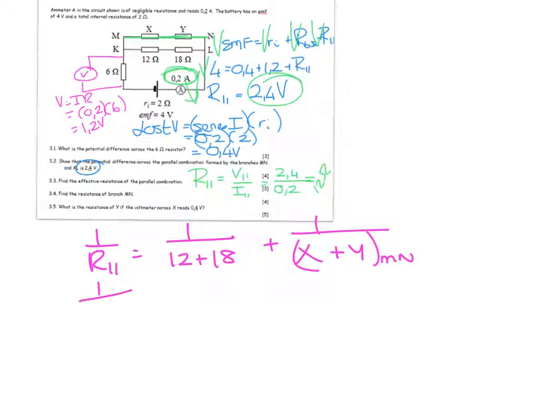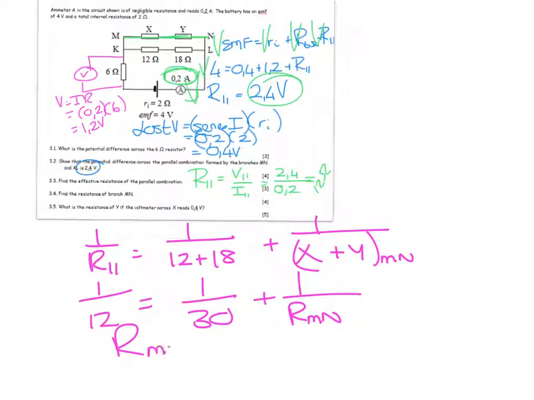So it's 1 over 12 is equal to 1 over 30 plus 1 over the resistance of Mn. And when I plug that all into my calculator, the resistance of Mn turns out to be 20 ohms. You can actually just plug it into your calculator: 1 over 12 minus 1 over 30 inverted, and you get 20.